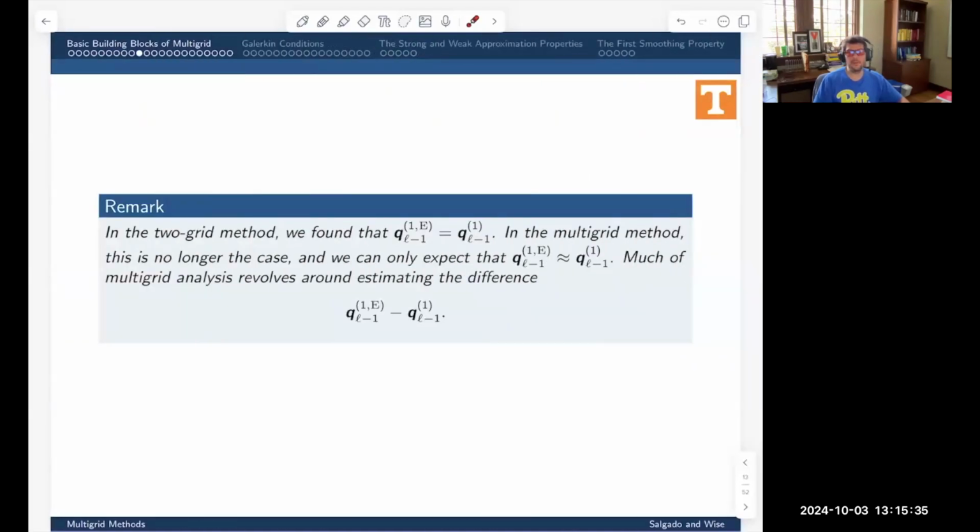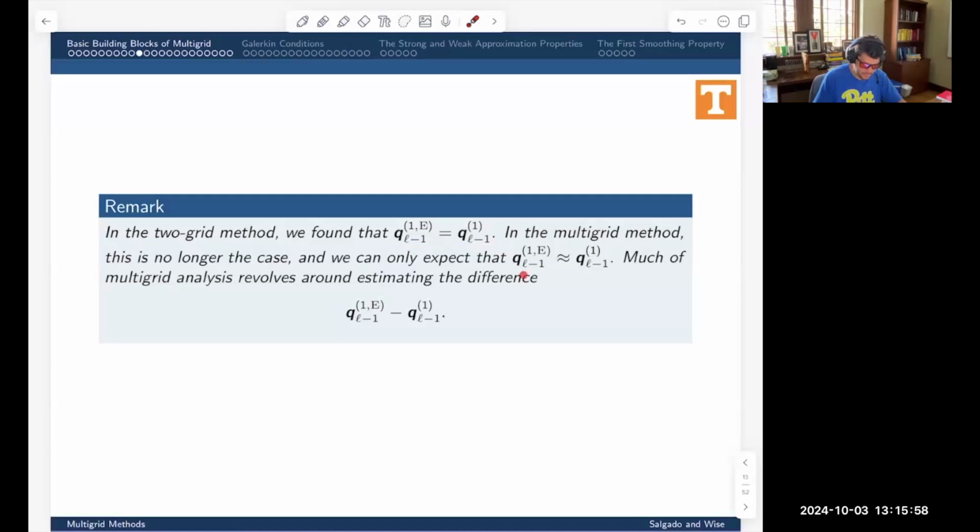Now, in the 2-grid algorithm, we found that we computed the coarse grid correction exactly. In other words, where L was equal to 1, in our 2-grid example, we computed the coarse grid correction exactly. In the multigrid method, this is no longer going to be the case.